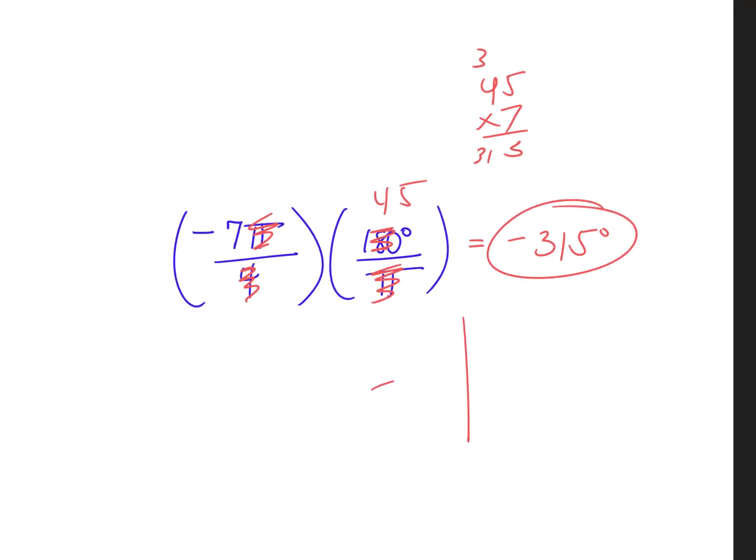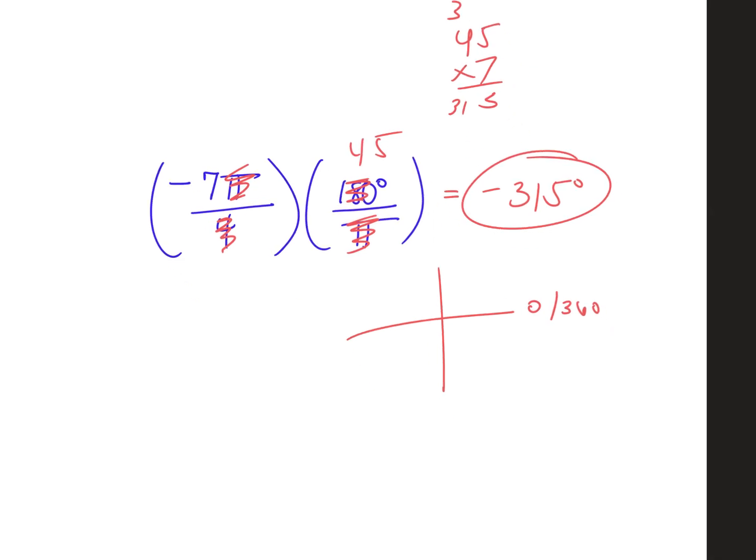So what does that look like? Let's just talk about this for a second. This is negative 90, negative 180, negative 270, and this would be negative 360. So negative 315 is in which quadrant? I'd start here, and I'd go around. What quadrant does it end up in? The first quadrant. It's right here.